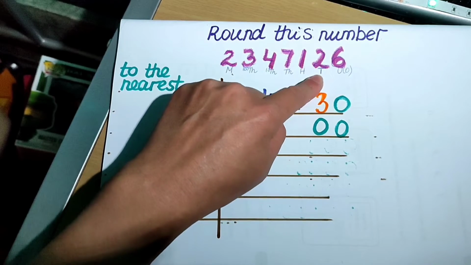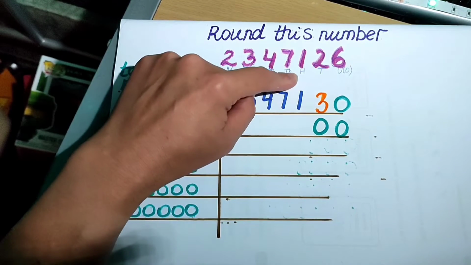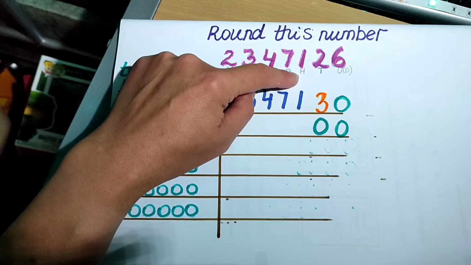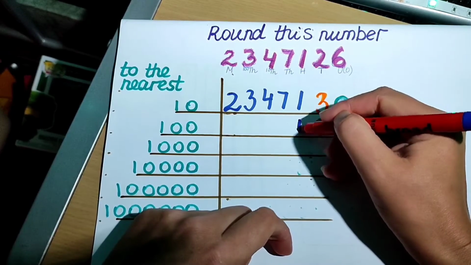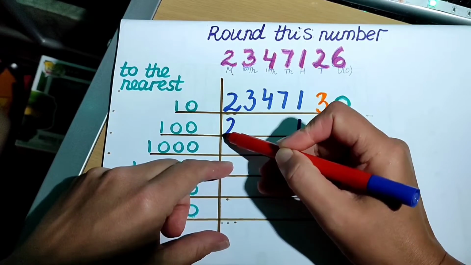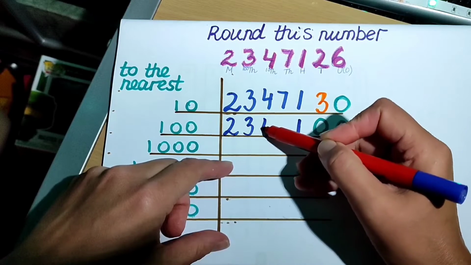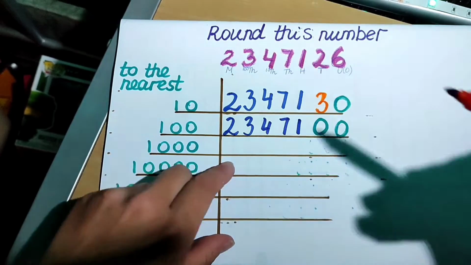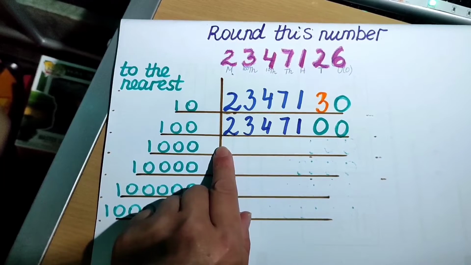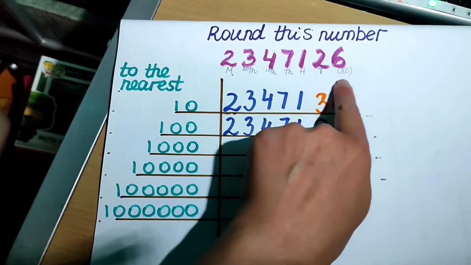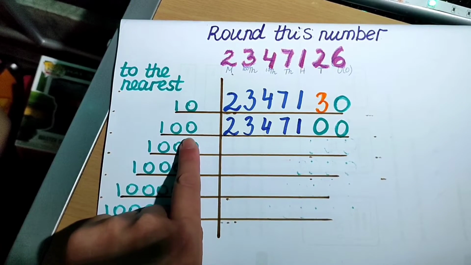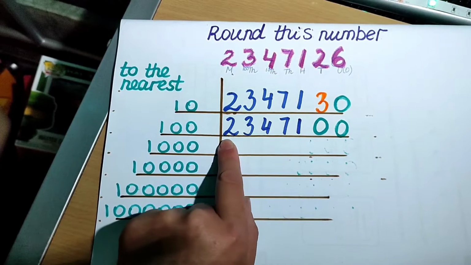Okay? So 2 is lower than 5. That means that our hundreds stay the same. And the rest of the number is the same.